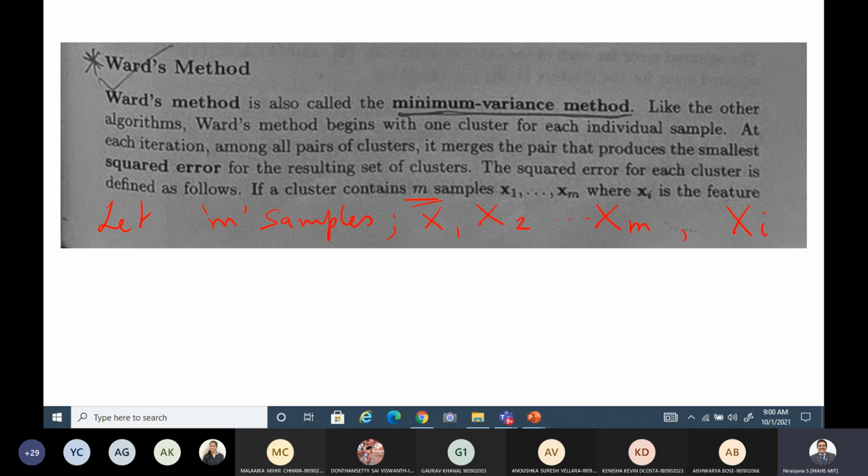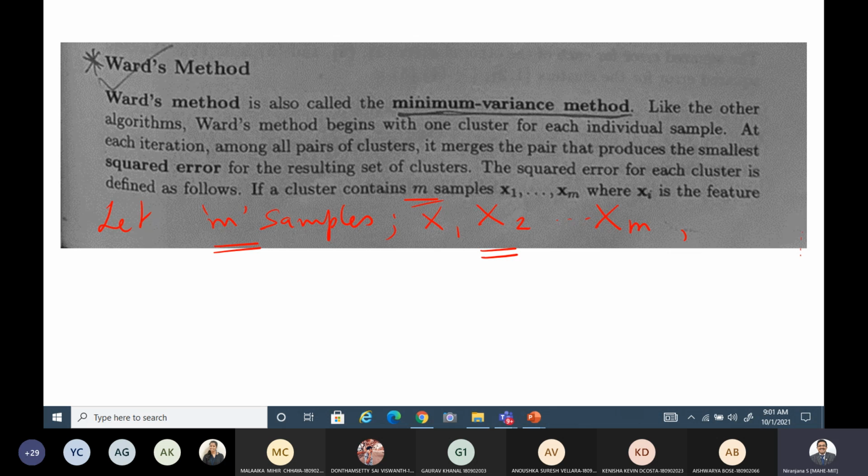So this xi has multiple features, x1, x2, etc. This is the situation, so you have a feature vector here. One of the feature vectors may be the ith vector, or one of the samples represented with a feature vector. By extracting its features, it is represented as a vector here. So there are m samples altogether.